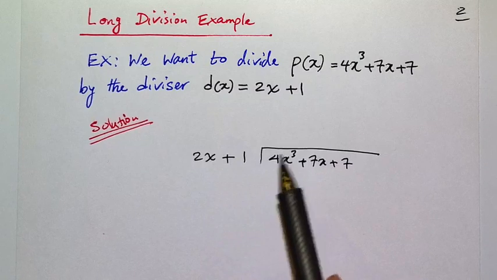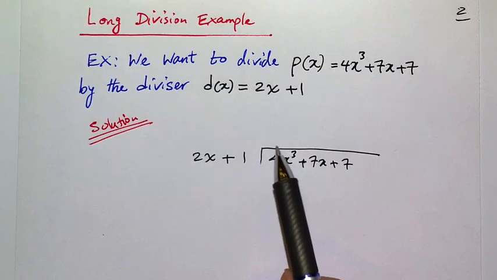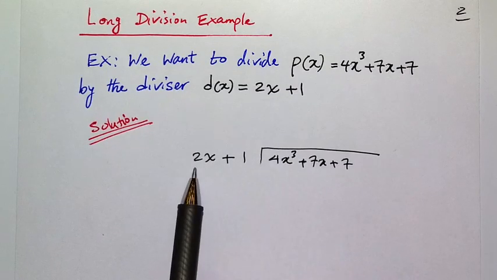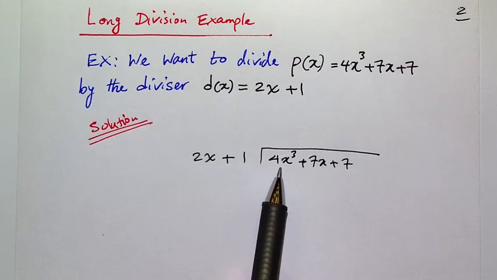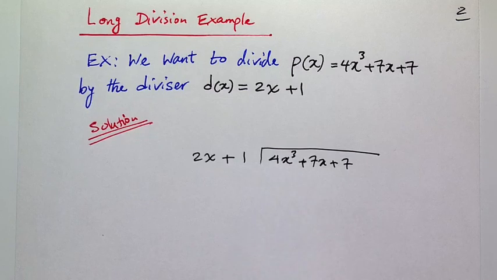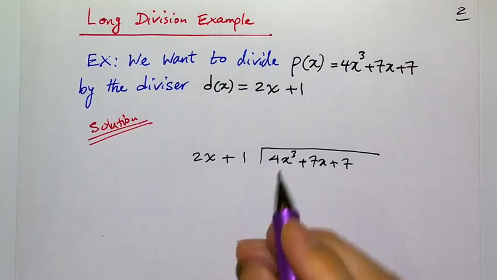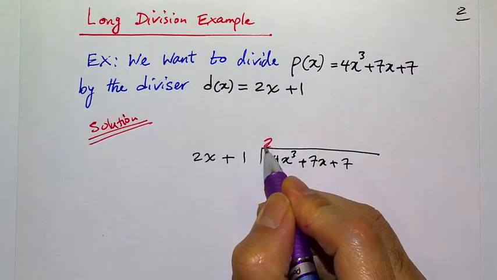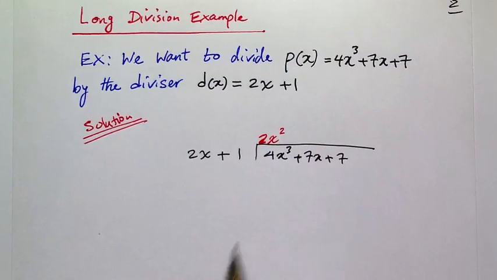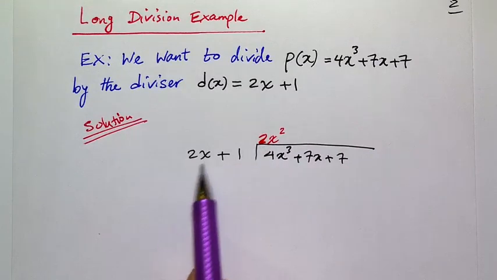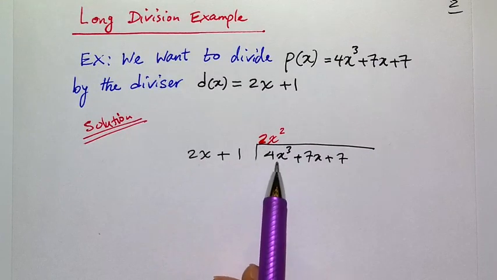And we ask, what term should we put up here such that if we multiply it by this first term, we will get exactly the first term in the polynomial we're dividing. So in this case, it's clear that that term is 2x squared, right? If we multiply that 2x squared by this first term, we will get that.